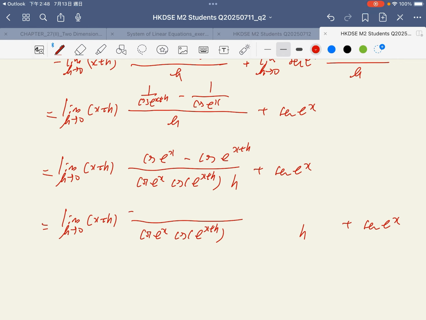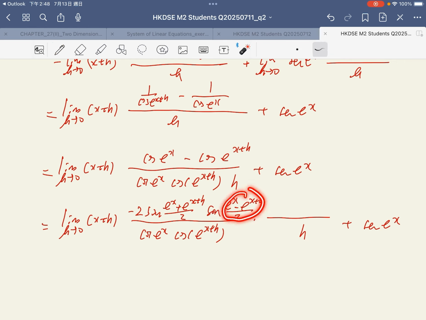Sum to product: cosine minus cosine is minus 2 sine of (e^x + e^(x+h))/2 times sine of (e^x minus e^(x+h))/2. And the next step is I insert one term, not secant, this is sine. I insert one term here.